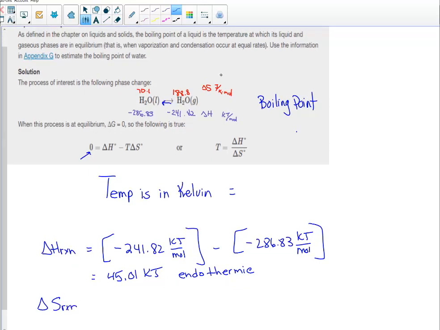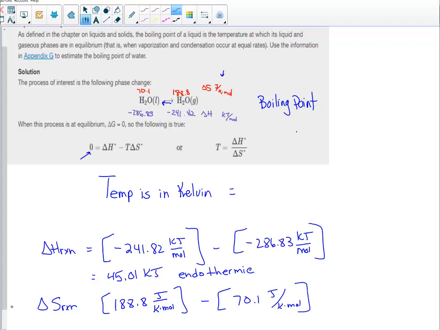Now, let's do the same for delta S of the reaction. And I did that work up here. I went into the thermodynamic properties chart and pulled up the delta S values for us. The delta S for gaseous water is 188.8 joules per Kelvin mole, minus the value of entropy for liquid water, which was 70.1 joules per Kelvin mole.